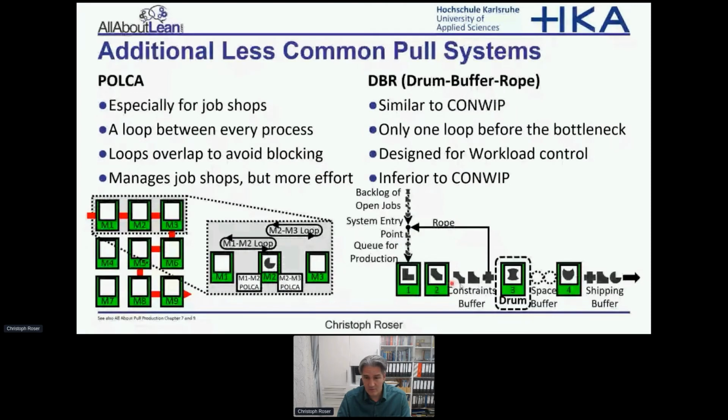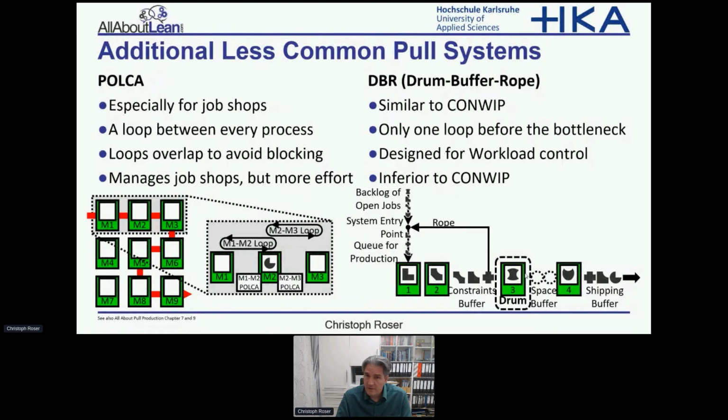He usually makes only one big loop, which is also another drawback, but one big loop in front of the bottleneck with the assumption that since this process is a bottleneck, there isn't really any inventory after the bottleneck anyway. All other processes are just waiting for materials, so it should work. In theory, yes. The problem is the bottleneck is not always static. It's often moving between different processes, and that makes the whole system inferior to CONWIP.